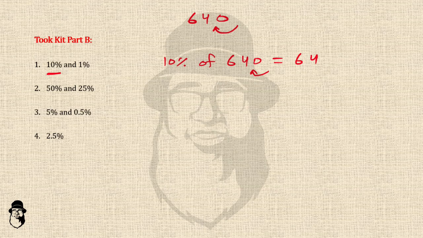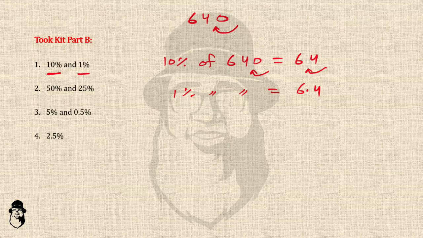If we have 64 as 10%, 1% is just shifting the point one place to the left in 10% and we'll get 1%. 1% of 640 is 6.4. It's that easy. So we should be able to get 10% or 1% of any number very easily because we don't have to calculate anything. We just shift the point one place to the left or two places to the left and we get 10% or 1%.